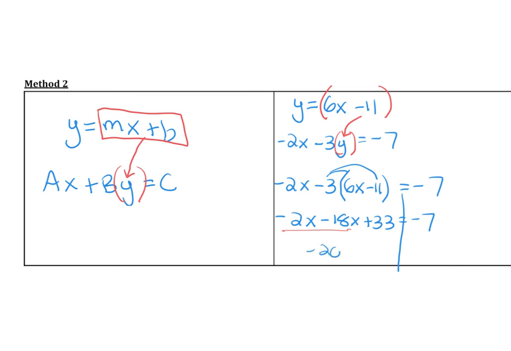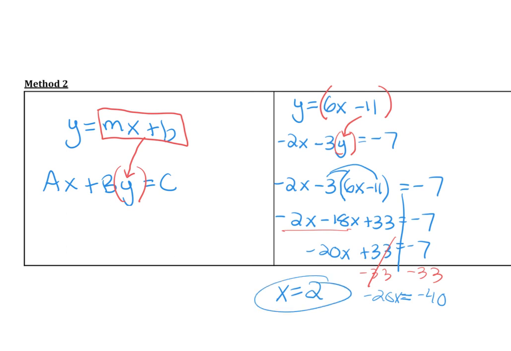So negative 20x plus 33 equals negative 7. Minus 33. Negative 20x equals negative 40. And then when you divide, you get that x equals positive 2.